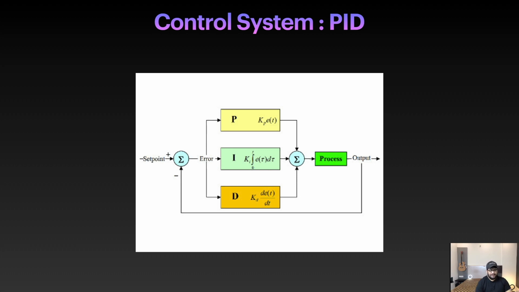So this also might be intimidating, but when we come to actually realizing it, there is a lot of maths involved, and you should know how to do integration and differentiation in coding. But more than that, there could be one question: what is the value of Kp, what is the value of Ki, what is the value of Kd, and how do we calculate that?